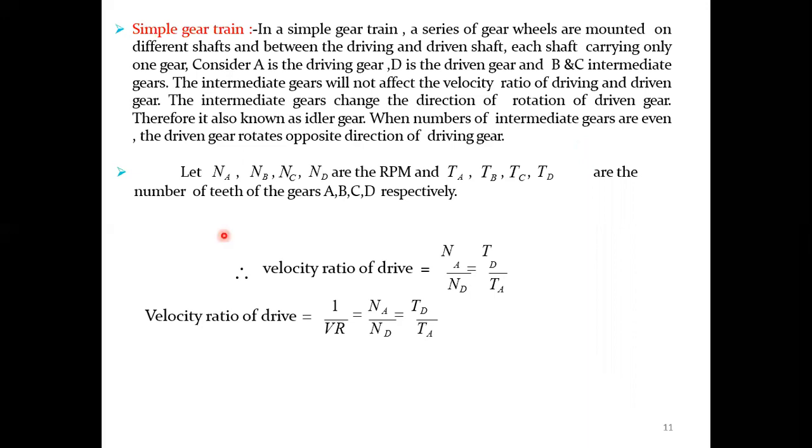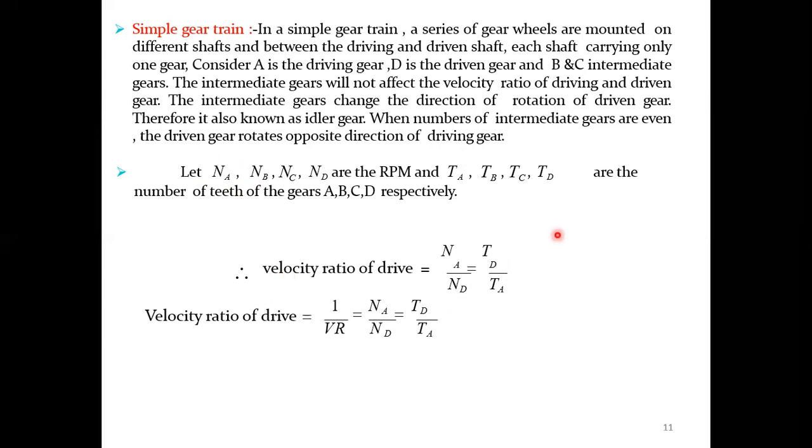These are the equations for the velocity ratio of the drive. The velocity ratio depends on the RPM of the gears and the number of teeth in the gears. The number of teeth is defined by T, and the RPM of the gear is defined by N. The velocity ratio of the drive is equal to NA divided by ND, which is equal to TD divided by TA.